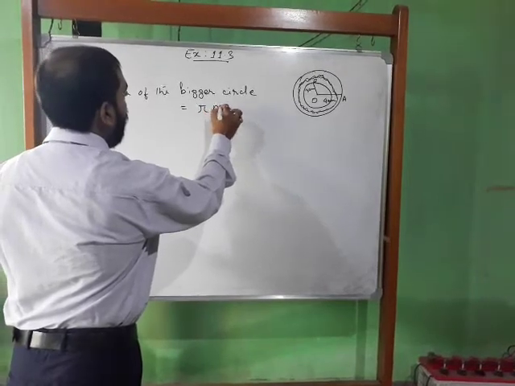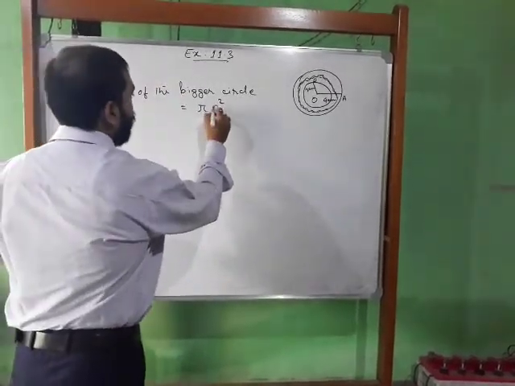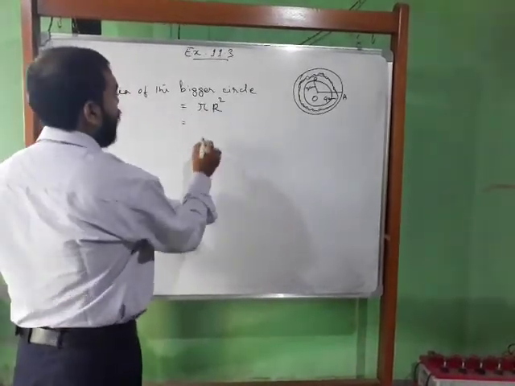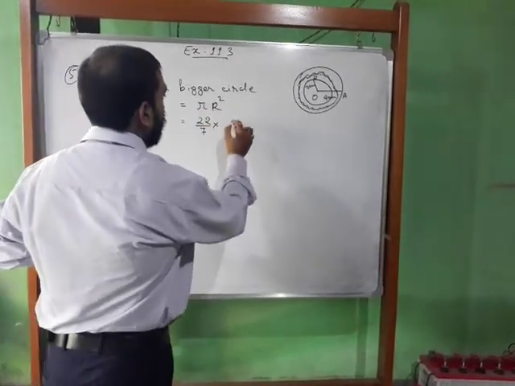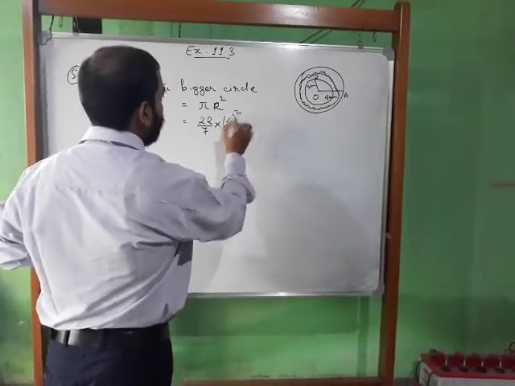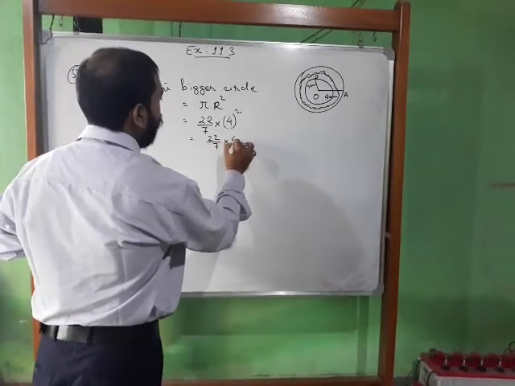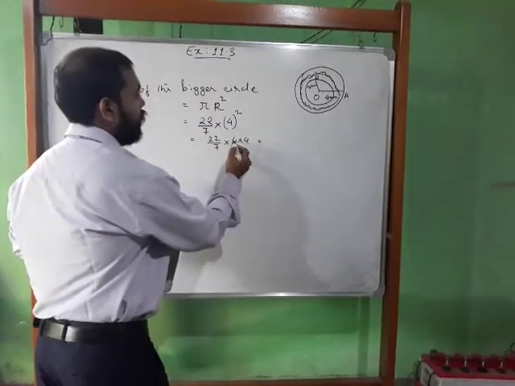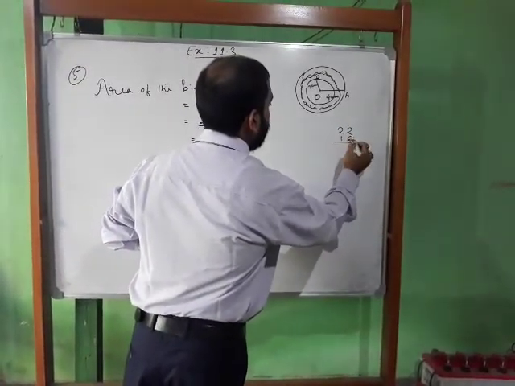Let us write this r as capital R. So pi r square, pi value 22/7 into R, which is 4 square. So it is 22/7 into 4 into 4. So what will we get? 4 4s are 16. So 22 into 16.